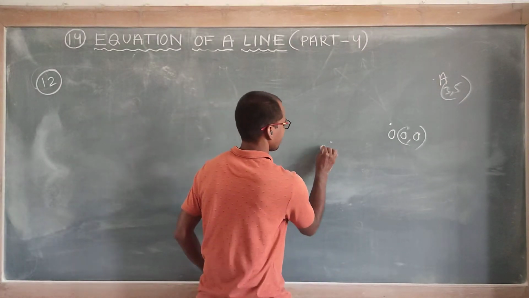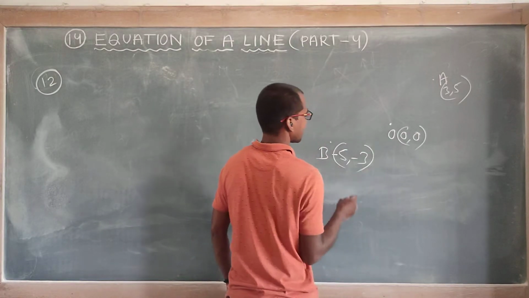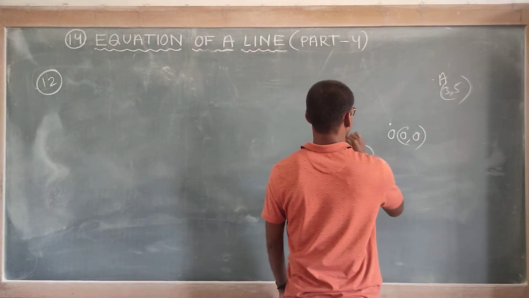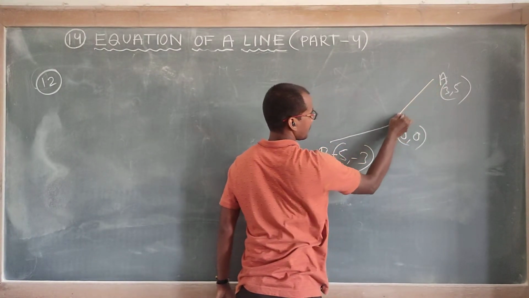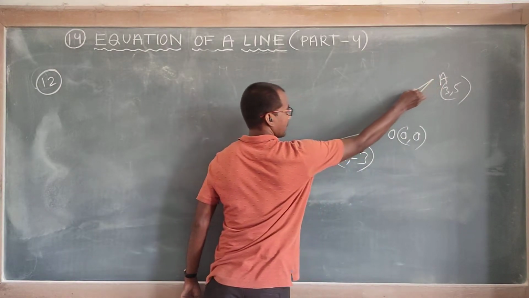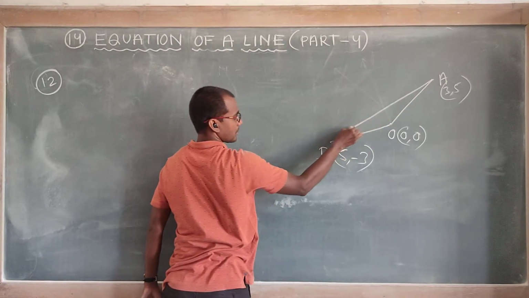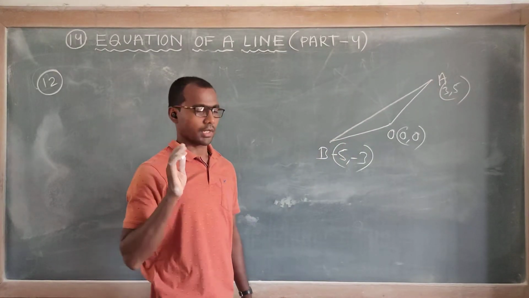Let this be point B, whose coordinates are minus 5, minus 3. And this is a triangle. Okay. Ready? OAB is a triangle.